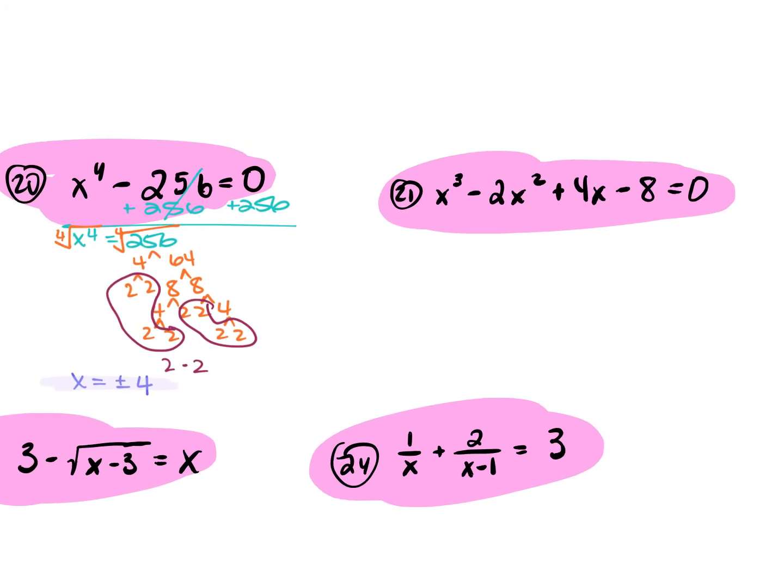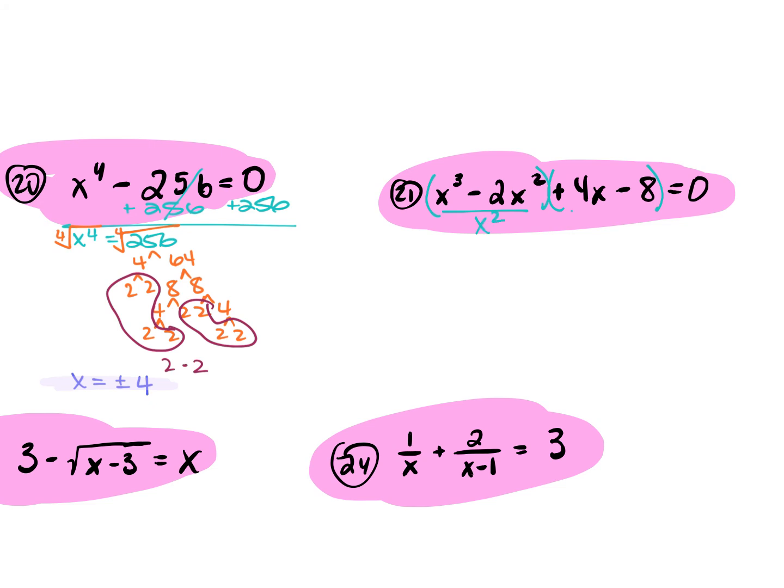For 21, we have x cubed minus 2x squared plus 4x minus 8 is equal to 0. All of your terms are on the same side. You do not have a greatest common factor from all 4 of those terms, but there are 4 terms, so factor by grouping. If we put a set of parentheses around the first 2 terms and a set of parentheses around the last 2 terms, what is our greatest common factor between the x cubed and the 2x squared?